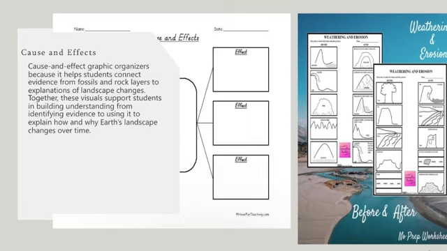Together with these visuals, students are supported in building an understanding from identifying evidence to using it to explain how and why Earth's landscape changes over time, specifically with their individual causes and or effects.